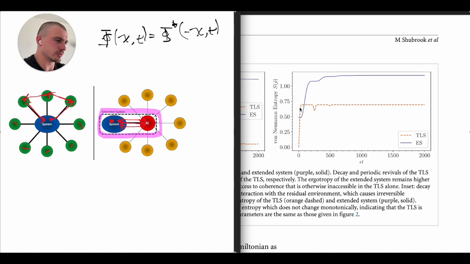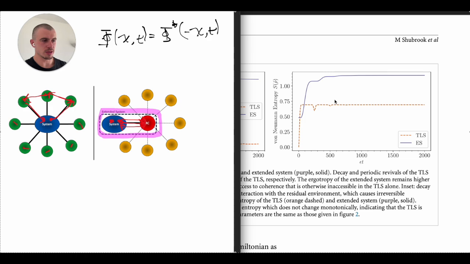Well, we see that the two-level system entropy doesn't increase monotonically. It has these small regions where it decreases. And again, if we try and make the analogy with thermodynamic entropy, you would think that if something is in contact with a heat bath, you would expect its entropy to change monotonically.